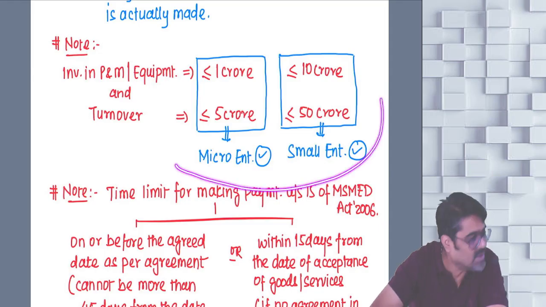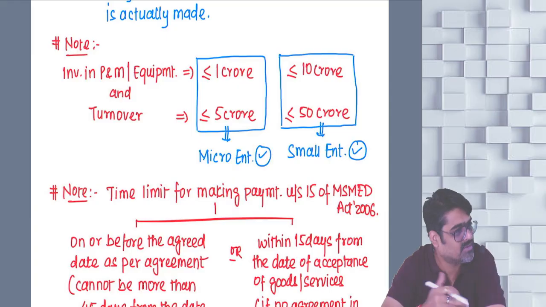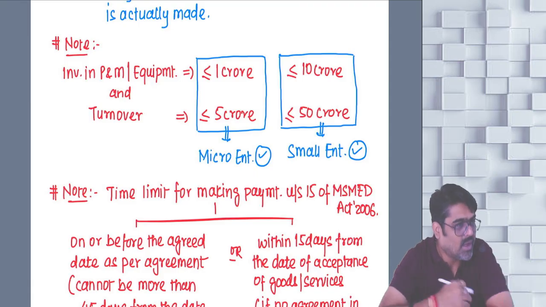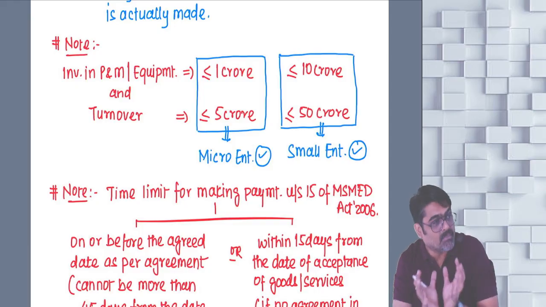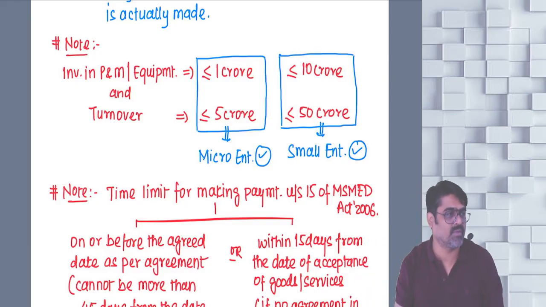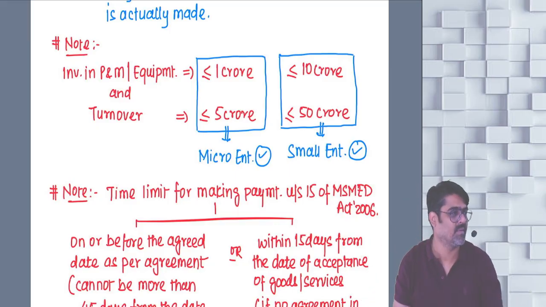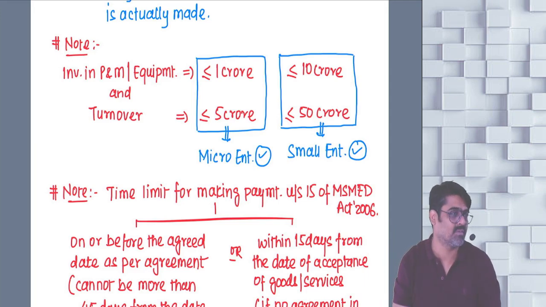So these are usually not cash-rich enterprises. For their survival and growth, the government has to think. Big business houses buying goods and services from them are cash rich and can give money at any time, but if they don't get their money on time, their survival gets affected sometimes.